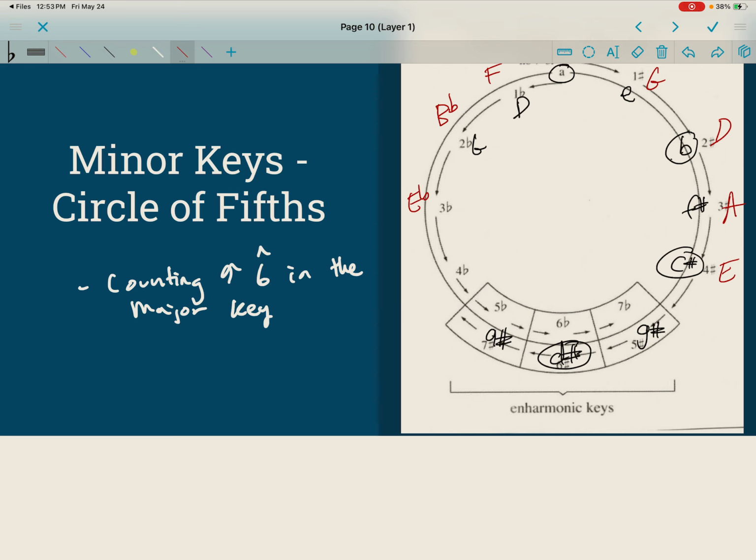And notice that I'm still counting up even though we're going into flats land, because I'm finding another tonic that has the same amount of flats in it, rather than finding the tonic based off of like A or another sharp key, where I'm going literally down. Yeah, so then over here you have E flat, F, G, A flat, B flat, C. So C minor.